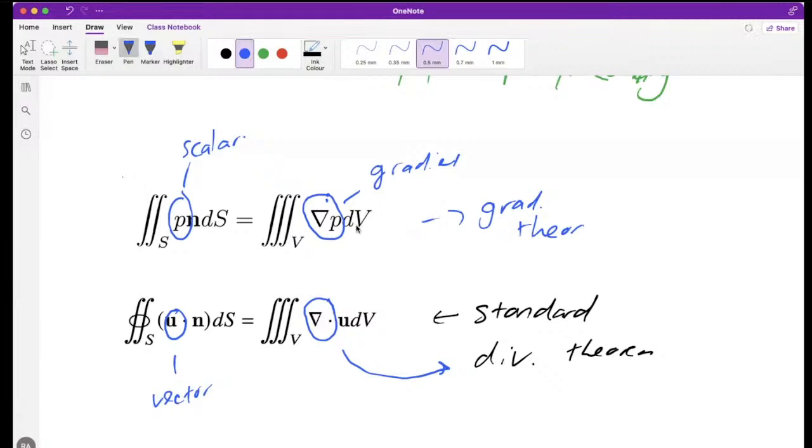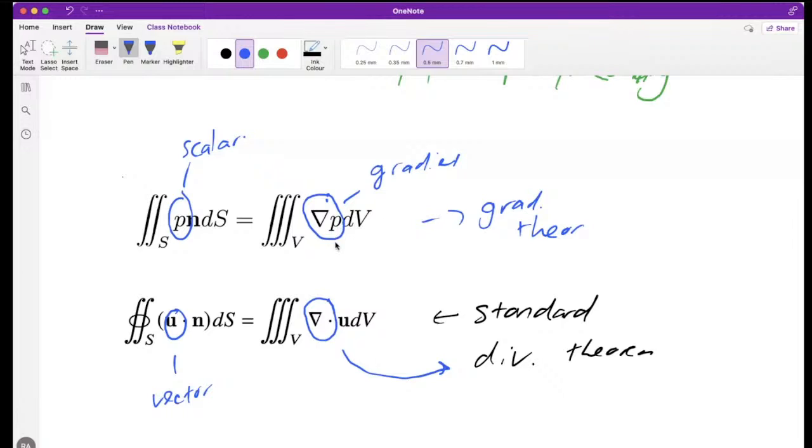But it's something that you should see the difference here. The top equation here is derived from the divergence theorem because a scalar is just one component of the vector, right? But it can be proven.